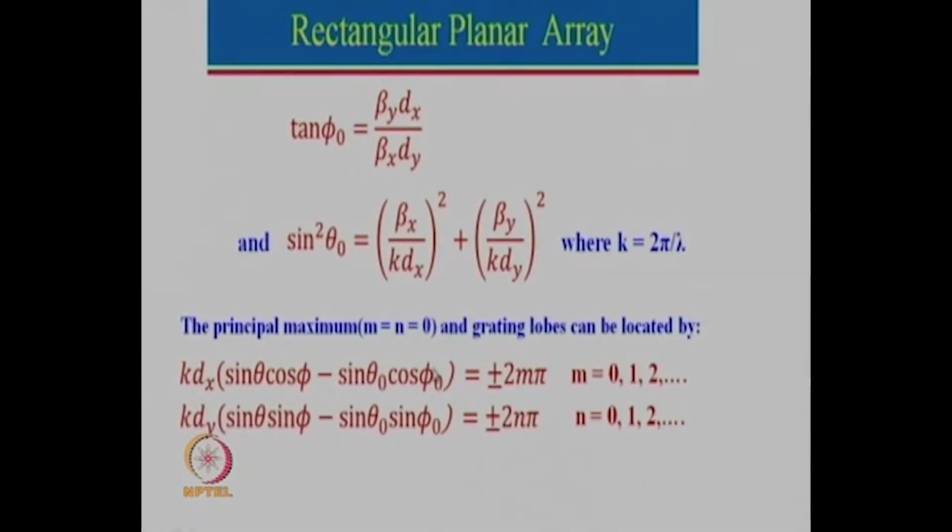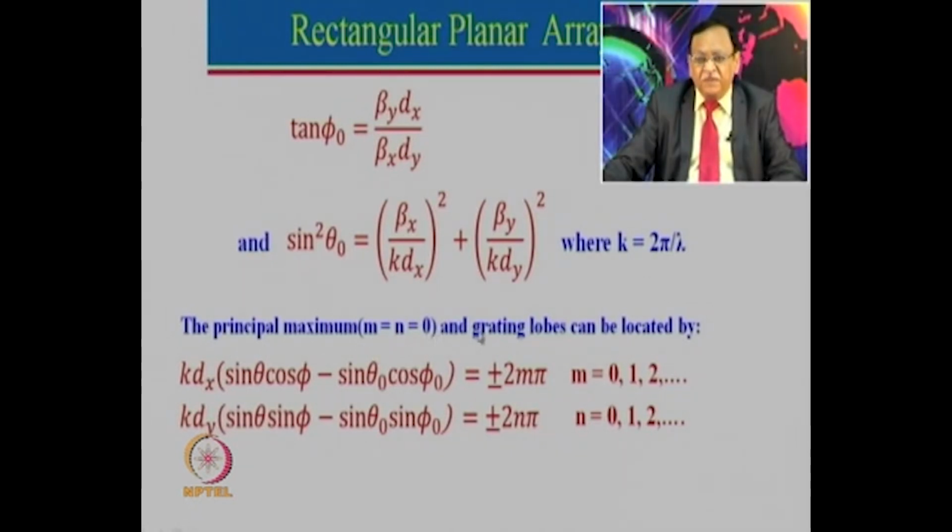Now the principal maximum can be obtained when we put m equal to n equal to 0, but the grating lobes can be obtained when m and n are equal to 1, and we should try to avoid grating lobes as much as possible. So we should try that this condition should never ever happen.